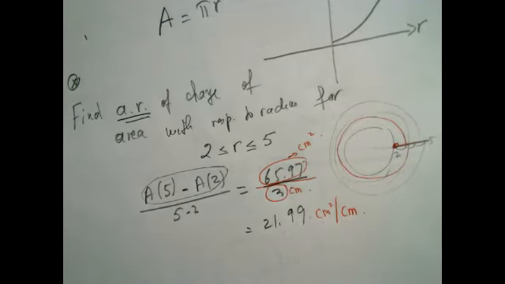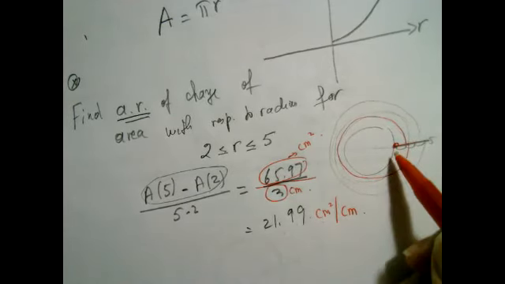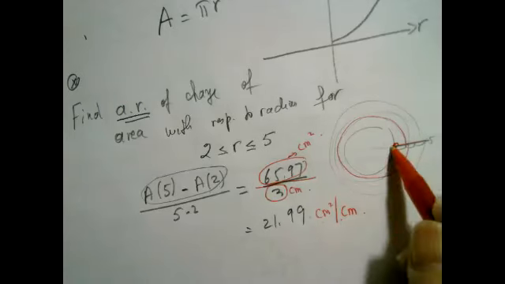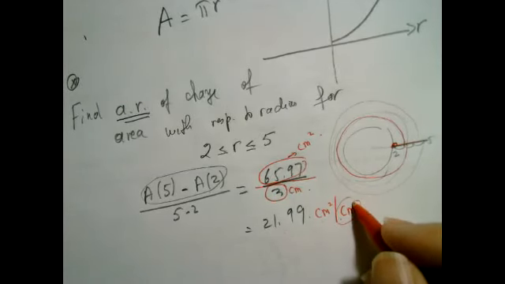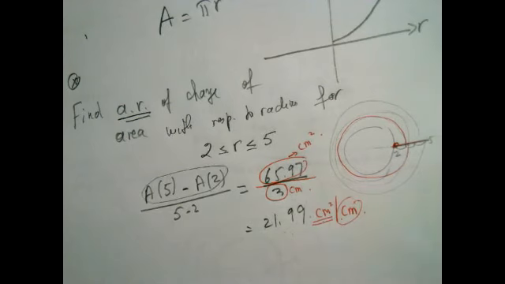It means on average, every time the radius changes 1 centimeter, every unit change in radius, the area grows by 22 centimeters square on average. Okay, that's right. So it's not centimeter square, it's centimeter square per centimeter.